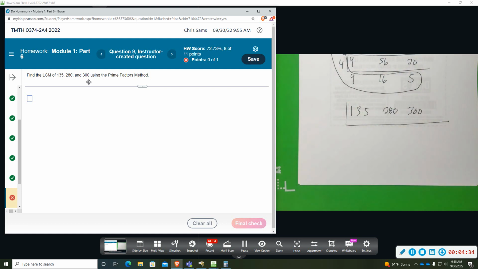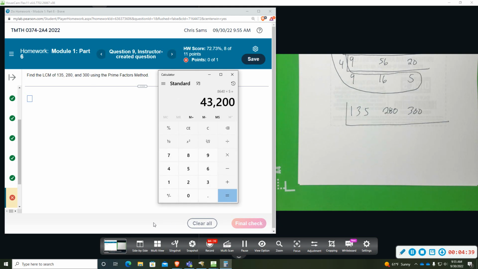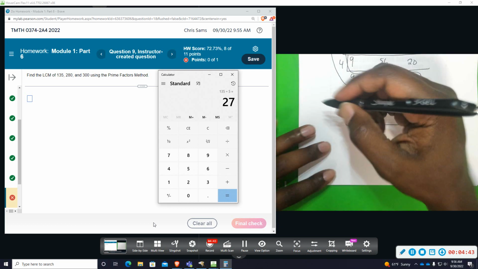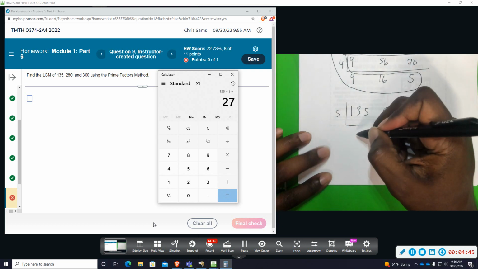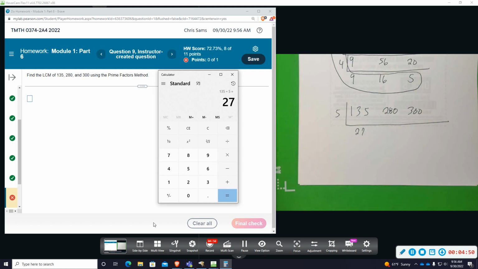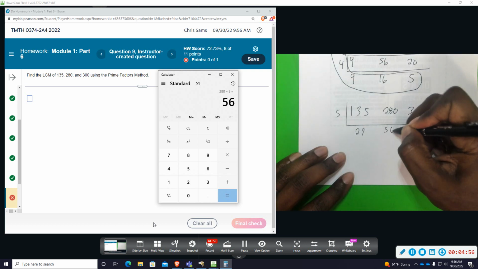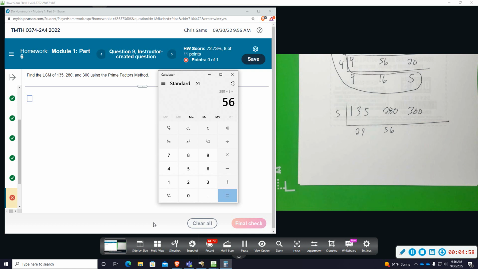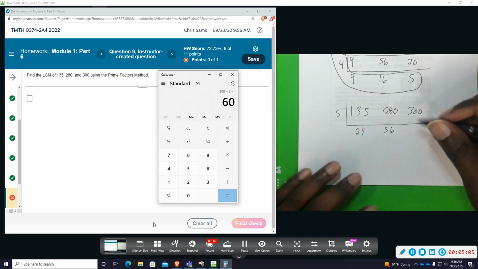So let's just double check all the math. 135 divided by 5 is 27. And then 280 divided by 5 is 56. And then 300 divided by 5 is 60.